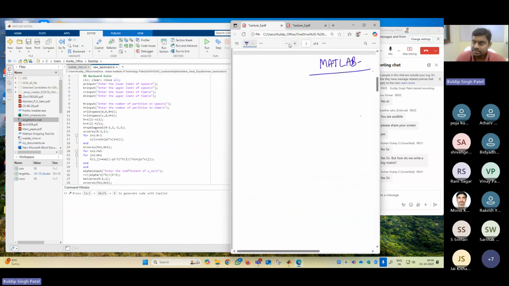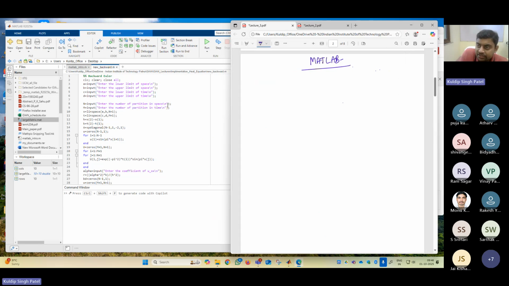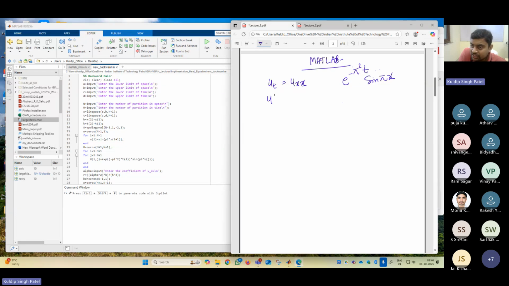So yes. What we realized is that we need to solve ut equals uxx, right? Our exact solution was e to the power minus pi square t times sine pi x. Our initial condition was sine pi x, and our boundary condition was 0.